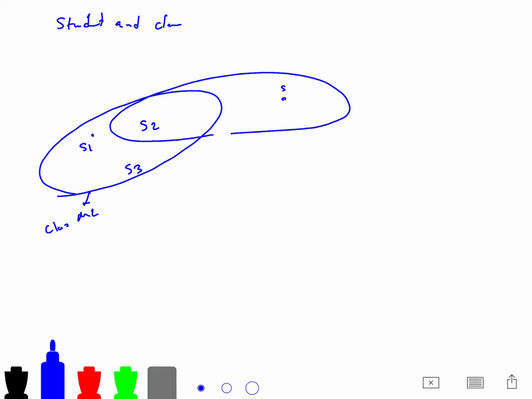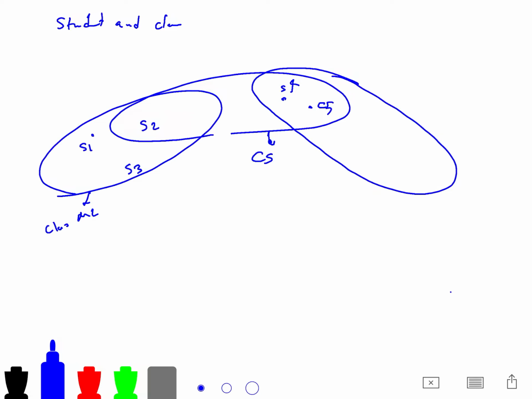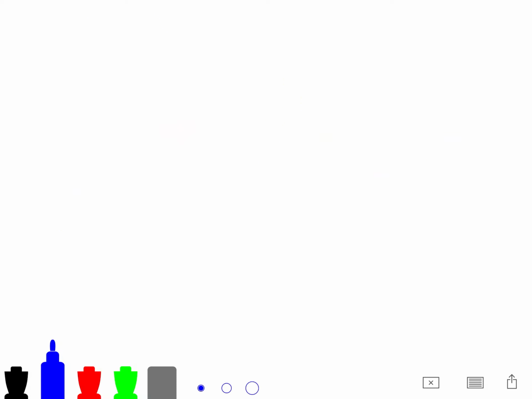And student 2 and student 4, student 5, all of them are in a computer science class. But these two students also attend pure graph theory, another class, student 6, student 7, and student 8. So these are two examples of hypergraphs.